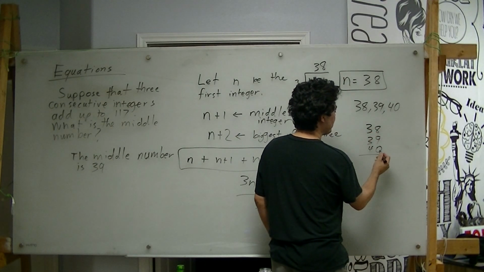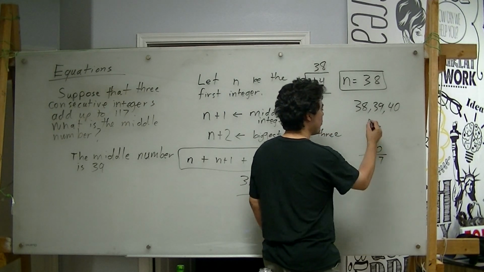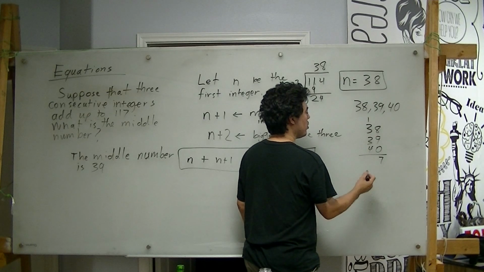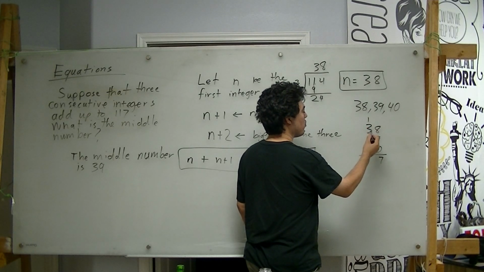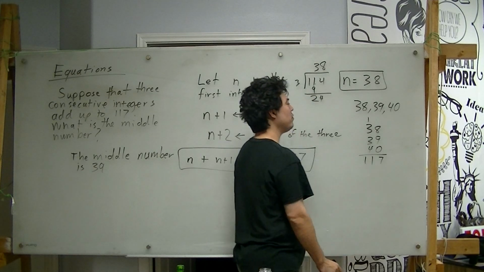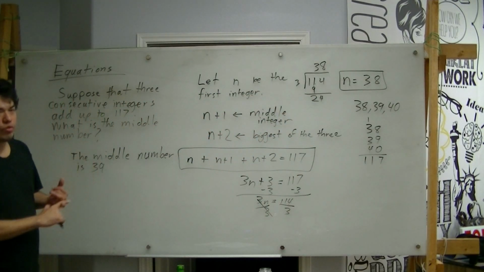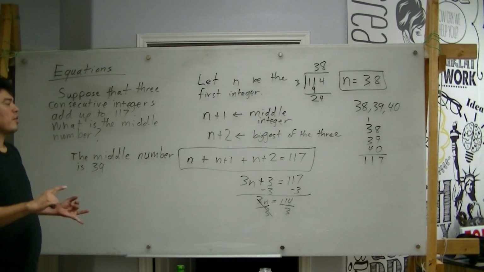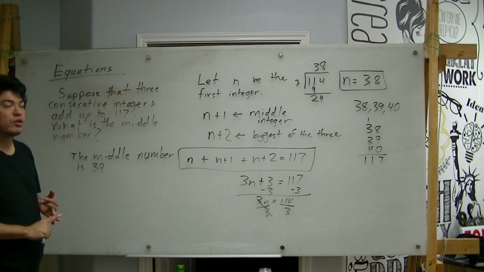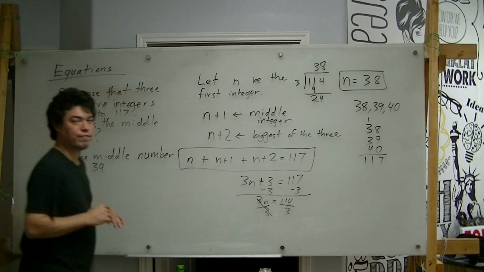If we look at this, 0 plus 9 is 9, plus 8 is 17. So we put down the 7, we carry the 1. 1 plus 3 is 4, plus 3 is 7, plus 4 is 11. And so indeed we have just verified that the n is correct. Therefore the middle number has to be correct, and this is the answer. And there we have it.